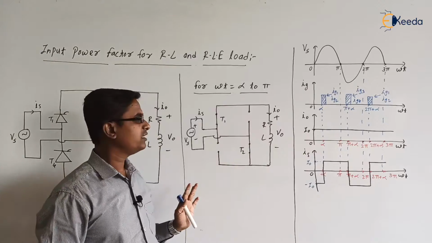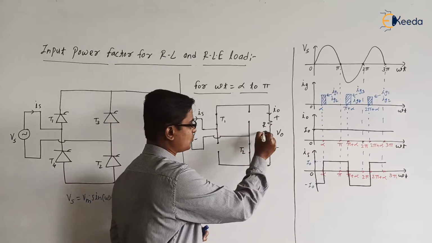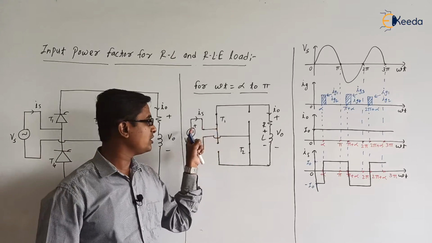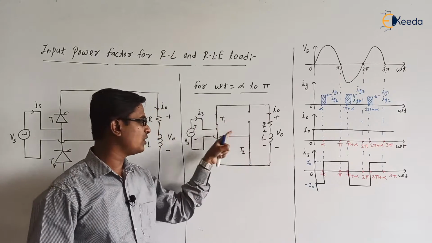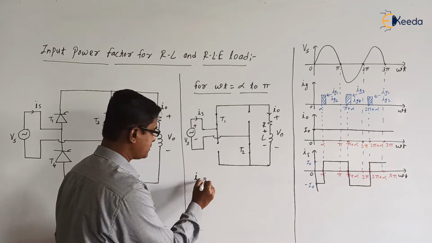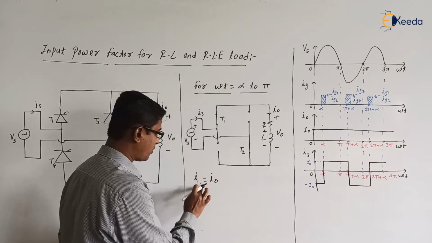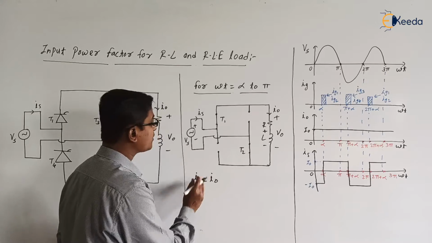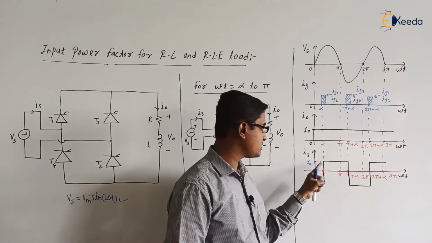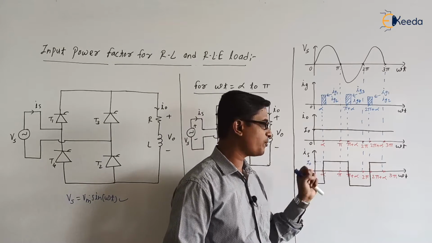The inductor goes on storing the energy, plus here, minus here. In the circuit we have only one loop, so can we write Is equal to I0? Yes, Is is equal to I0 for omega t equal to alpha to pi. So during alpha to pi, Is is the same as I0, a positive current.